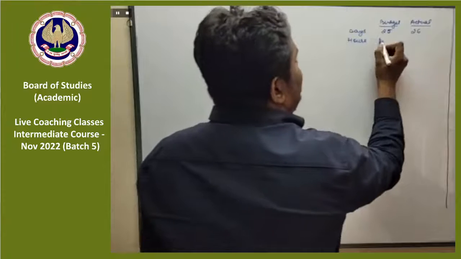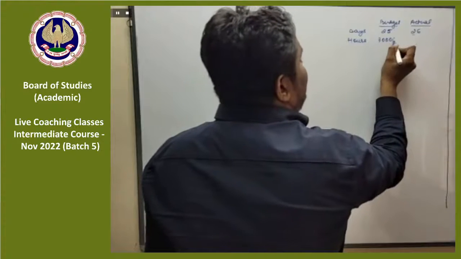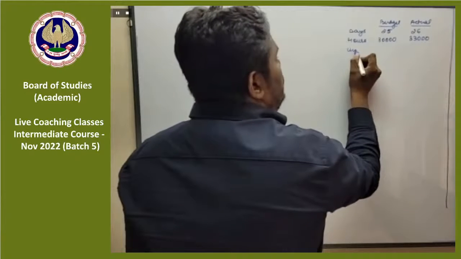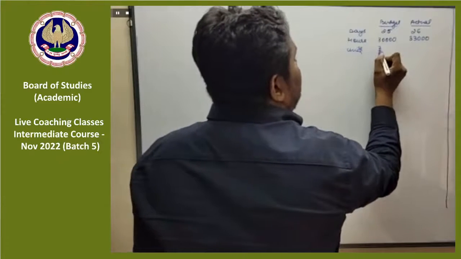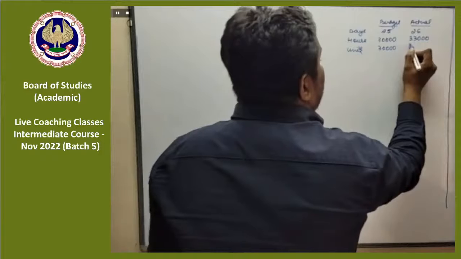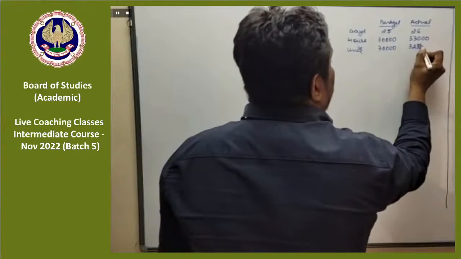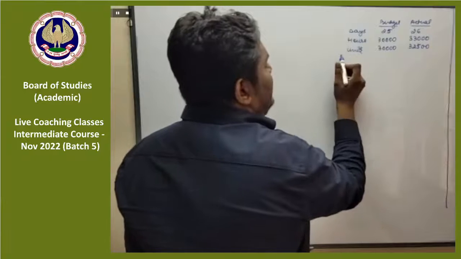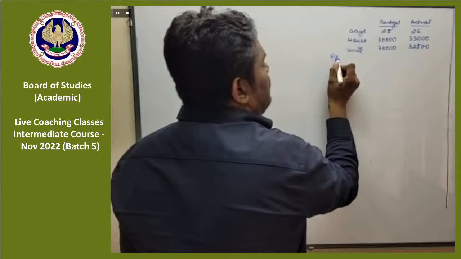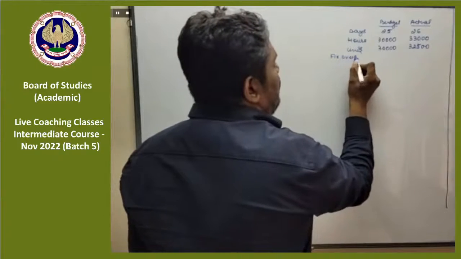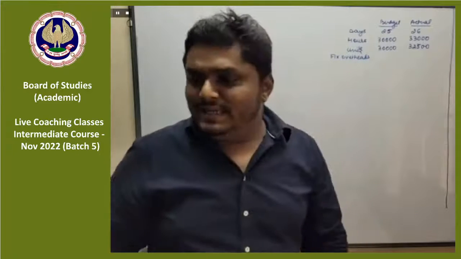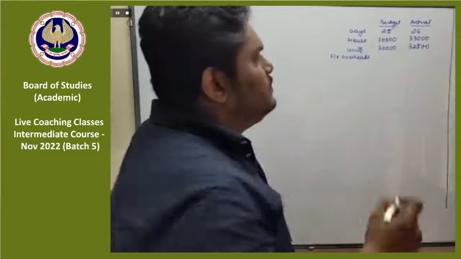Hours will also be given, that is 30,000 and 33,000. Units will also be given, that is 30,000 and 32,500. And overheads will be given, that is fixed overheads. Let's say it is 45,000 and 50,000.